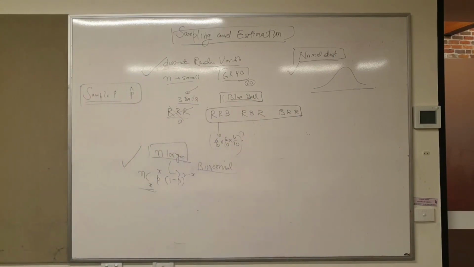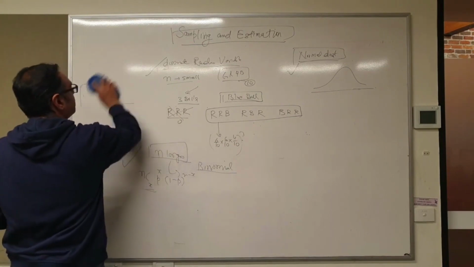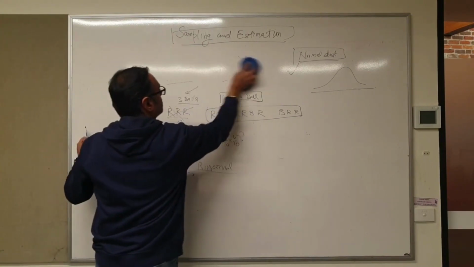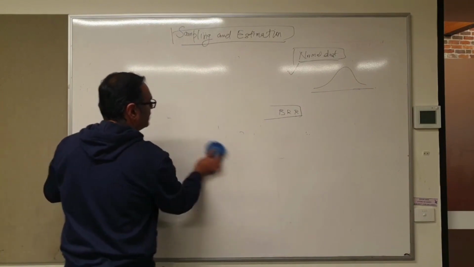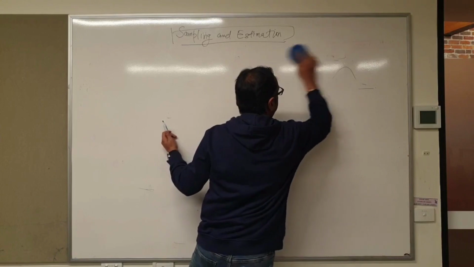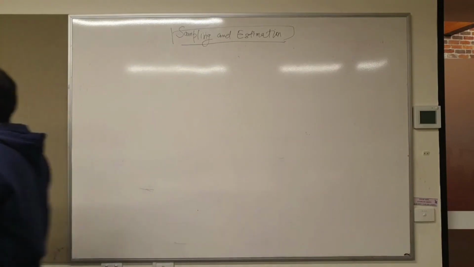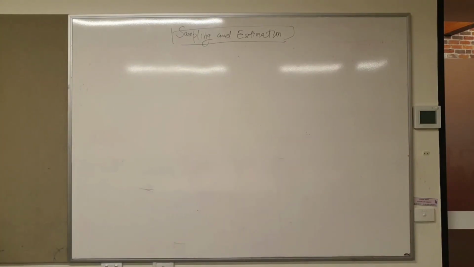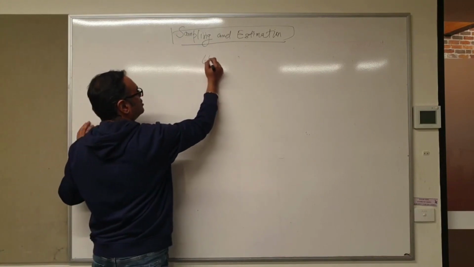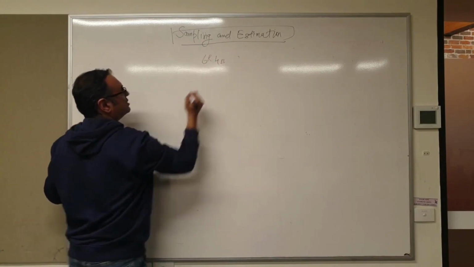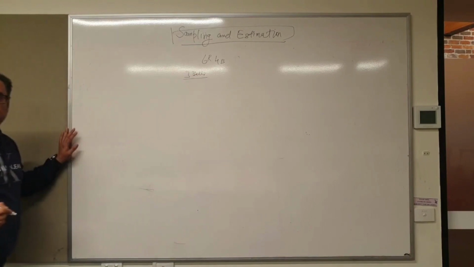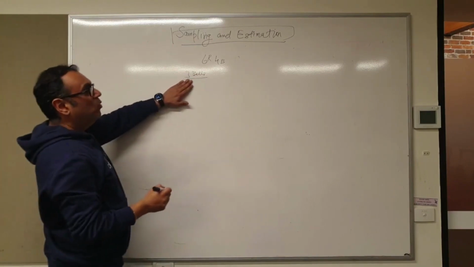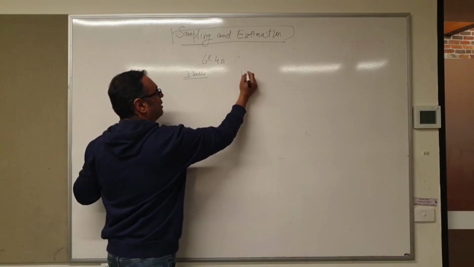Now, take this off the board again. By the way, for that blue and red ball topic, there was another way of doing it. You had 6 red balls and 4 blue balls, and I'm selecting 3 balls at random. What is the probability that I get 1 blue ball?